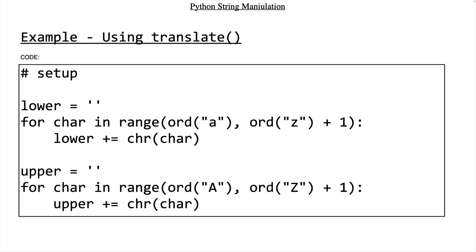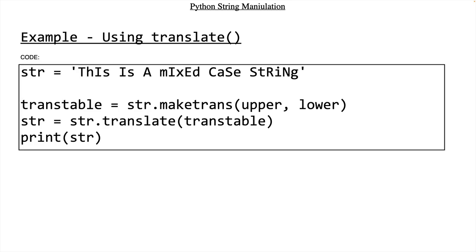Notice on my assignment statements, because I converted those values to numeric values so that I could use the range function, I have to use CHR to convert those numeric values back to ASCII characters. So I build the lowercase letters and the uppercase letters, and then I have a string that says this is a mixed case string with kind of alternating capital and lowercase letters.